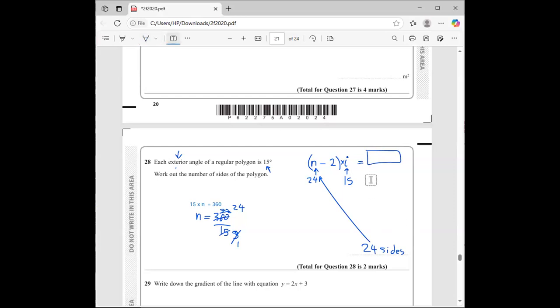So you just have it there. Sum of interior angles. Sum of the interior angles of a regular polygon. Sorry, I meant to say regular polygon.